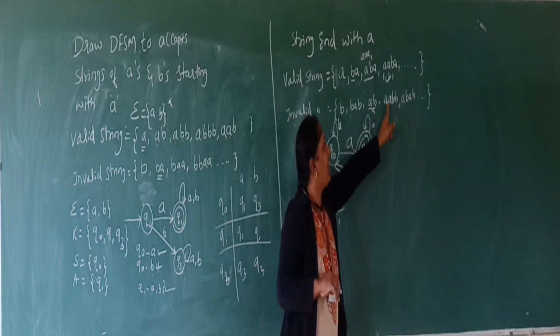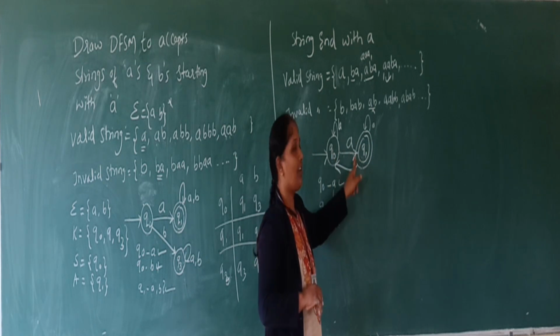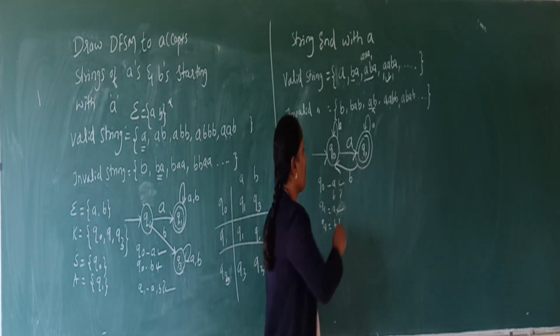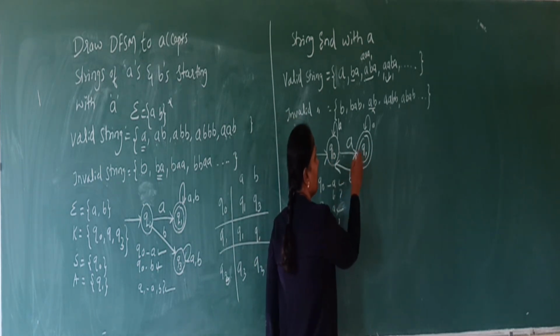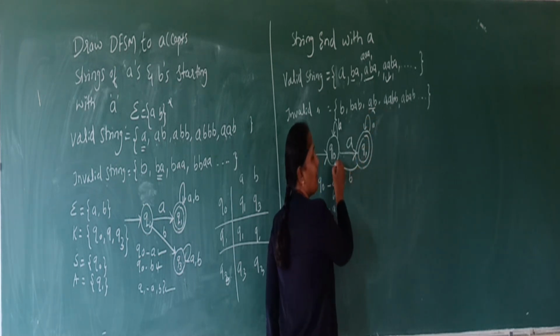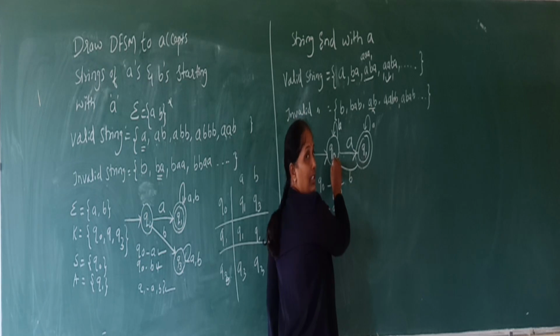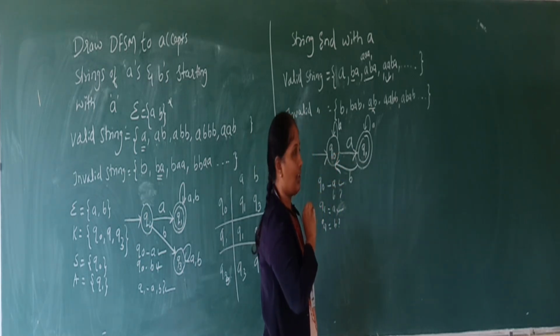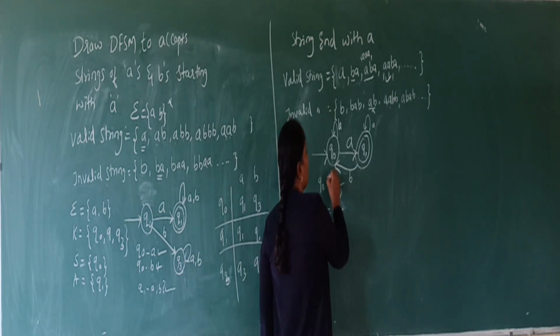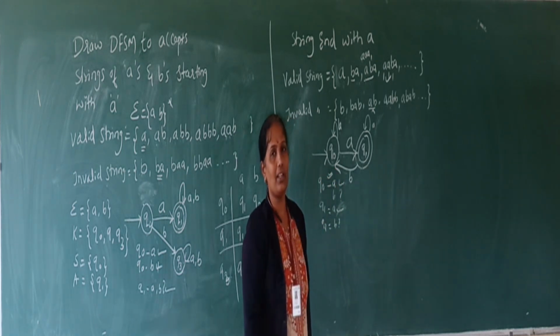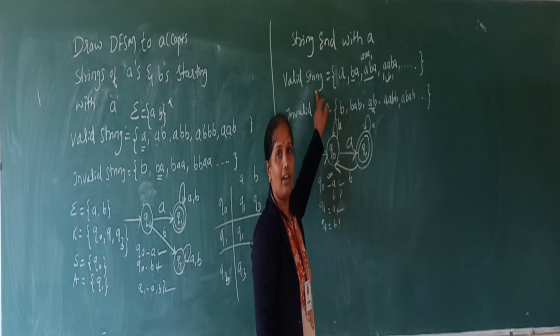Next, take A, A, B, B. When the first A comes, it will move from Q0 to Q1. The second A, it will accept and stay in the Q1 state. When B comes, it will change the state from Q1 to Q0. For the second B, it is a loop here, so it will accept and stay in the Q0 state, and Q0 is not a final state here. So this is an appropriate DFSM for the given language.